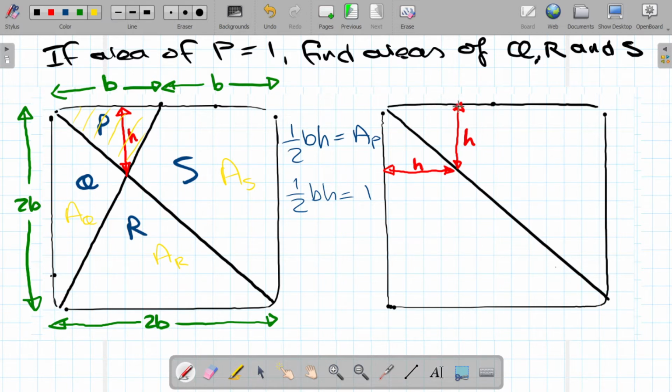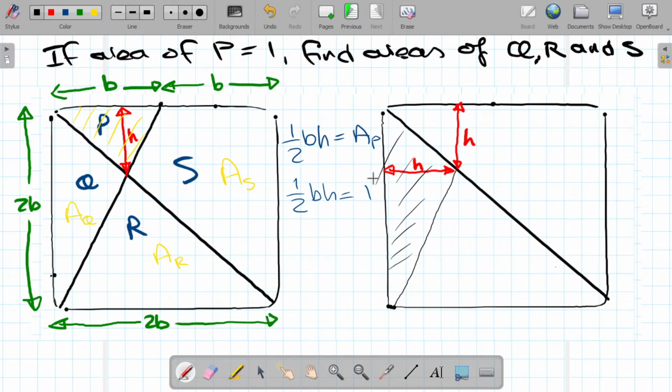So as you can see, if that is height H there, joining this upper side to the diagonal, then this side is also H, just by symmetry, because this whole thing is a square. So that should hopefully now be quite obvious to you. So this helps us because we can then go ahead and work out the area of all of this triangle, now that we know what the height of this triangle is.